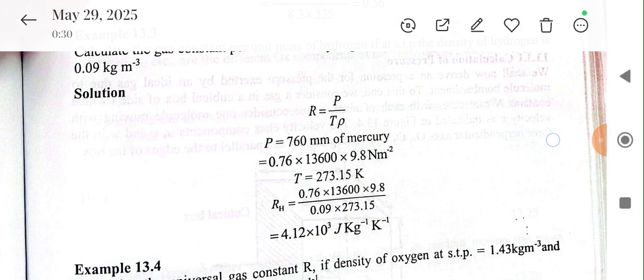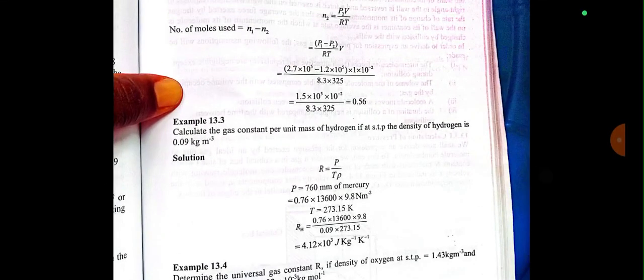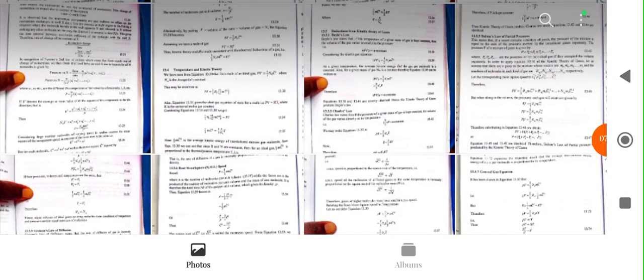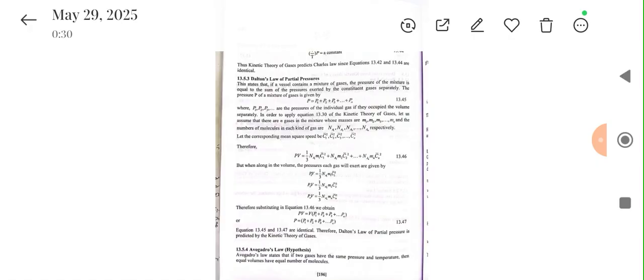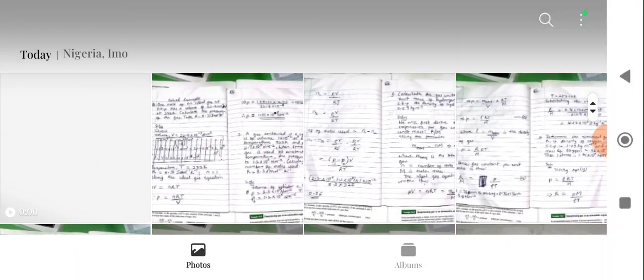So we are looking for the gas constant per unit mass. It's not just the gas constant, but the gas constant divided by molar mass. So we'll solve the ideal gas equation, whereby we'll have the formula such that the gas constant per unit mass becomes the subject of the formula.